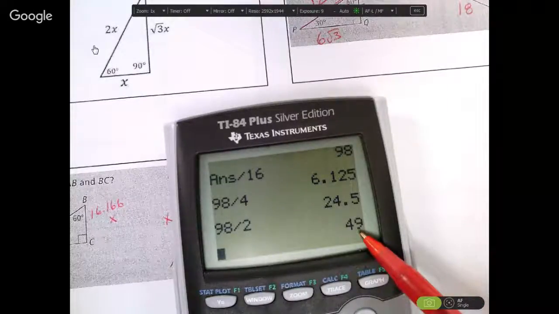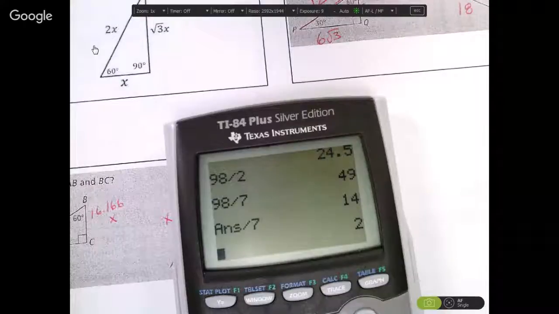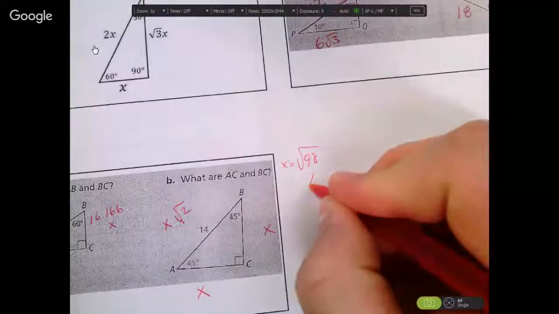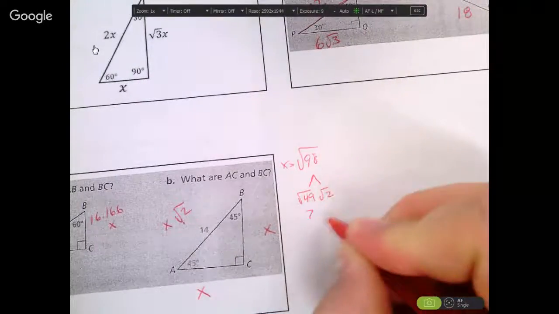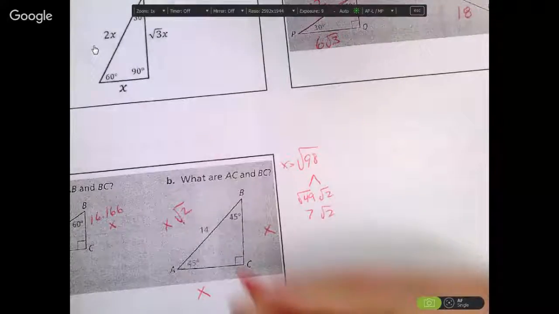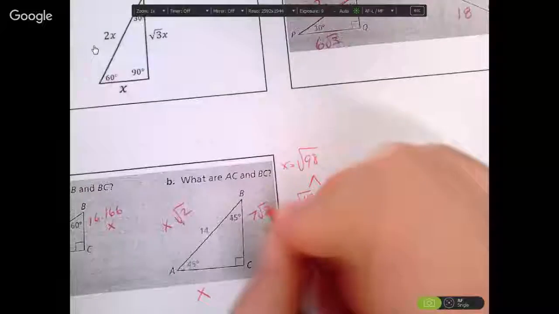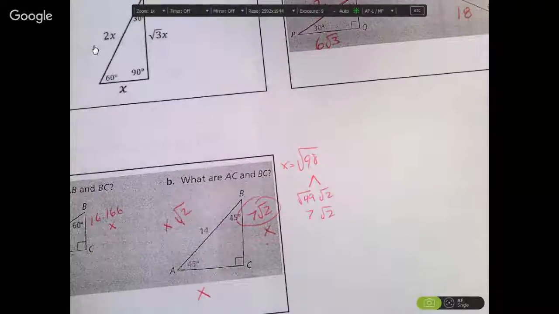Try divided by 7. So 98 divided by 7 is 14, and then I divide by 7 again. So the answer's 7 radical 2, because this can be broken down to square root of 49, square root of 2, or 7 square root of 2. So this answer right here is 7 square root of 2.